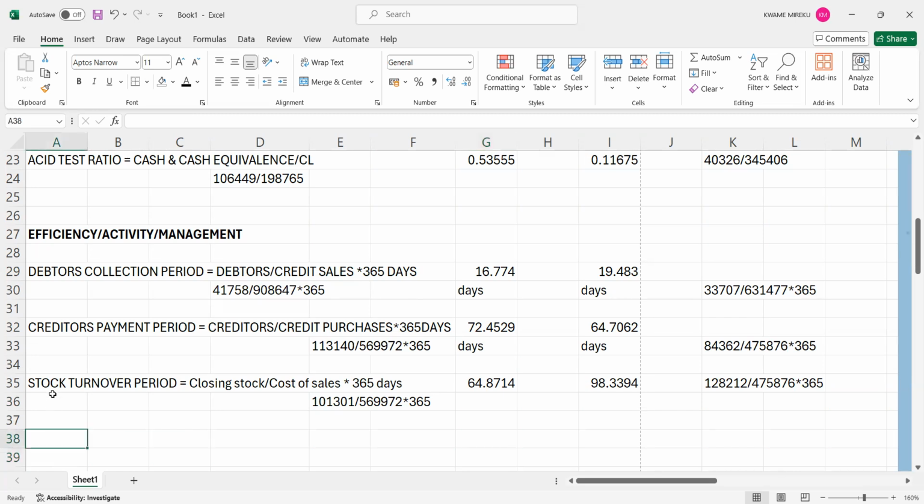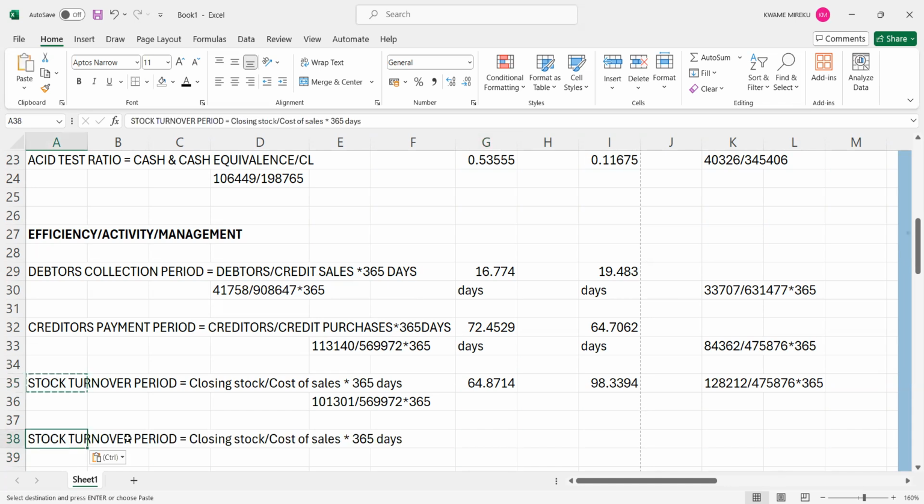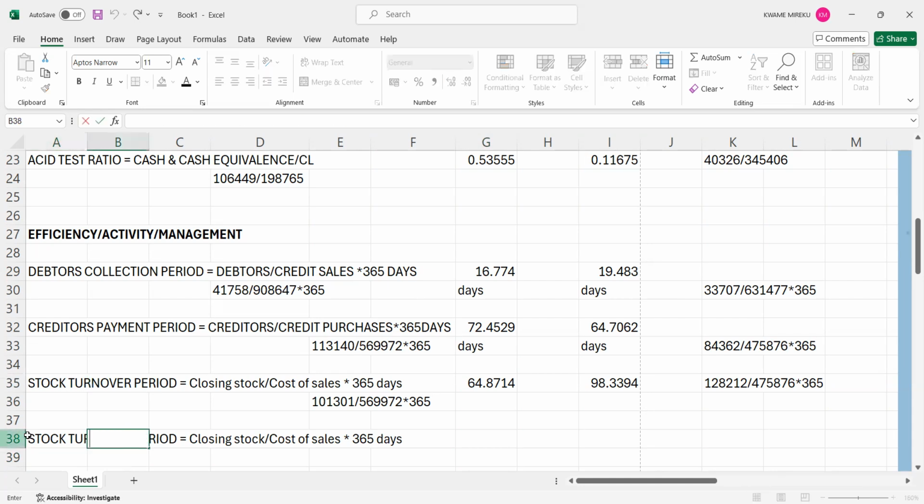In fact, you can look at this another way around. When we look at what we call just stock turnover without the period, this one measures the number of times we are able to sell in a year. And that is equal to your cost of sales divided by your stocks. It's not on the slide, but as I told you, you can't cover all the ratios in the slides.